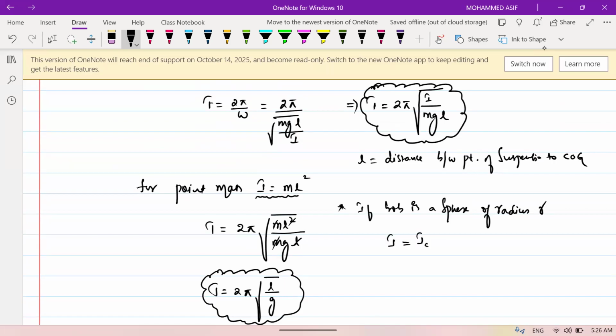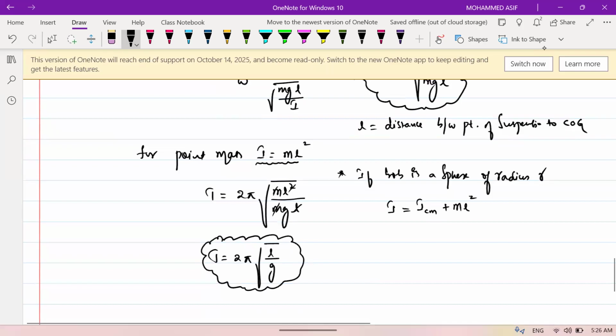From the point of suspension, I is equal to ICM plus m into L square. Moment of inertia for a solid sphere, if nothing is told, it should be taken as solid. It is 2 by 5 m L square plus m into L square. Am I clear?